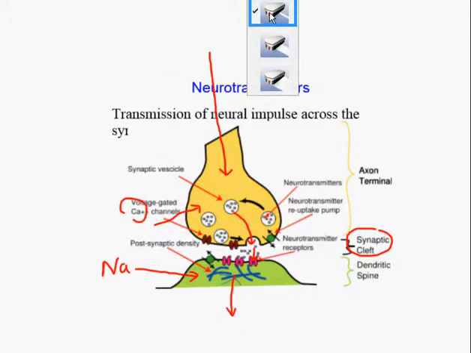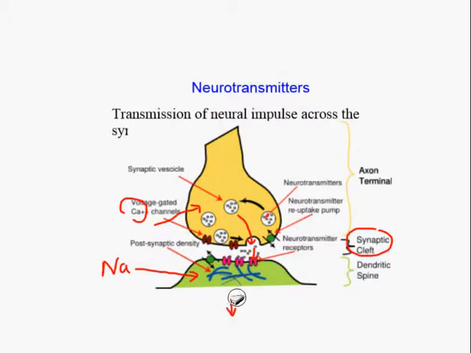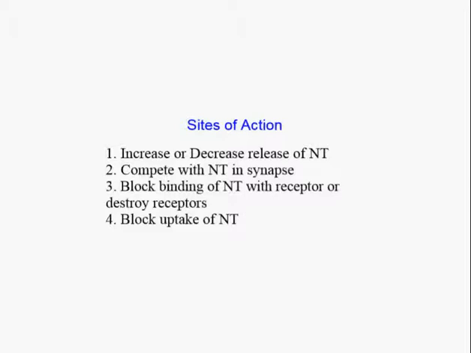Okay, I'm going to go ahead and erase this, and let's take a closer look at these neurotransmitters. There are all sorts of neurotransmitters filled up in this area, and they're going to chemically diffuse across and start a new action potential on the other side. Now, what could change this whole situation?